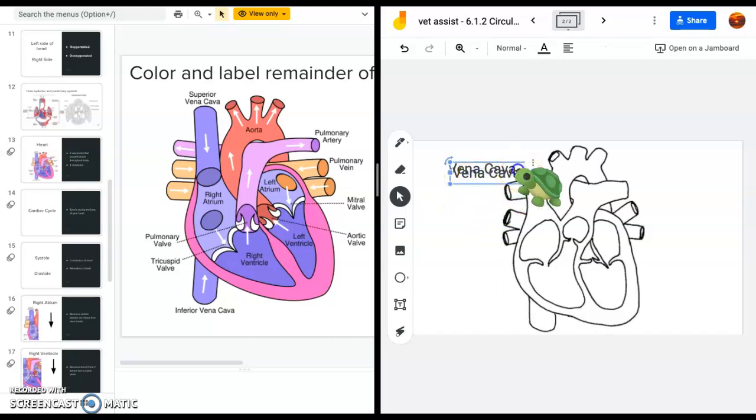I'm going to need an aorta. Oh, my caps lock is on. I'm going to need an aorta. I'm going to need, what else?